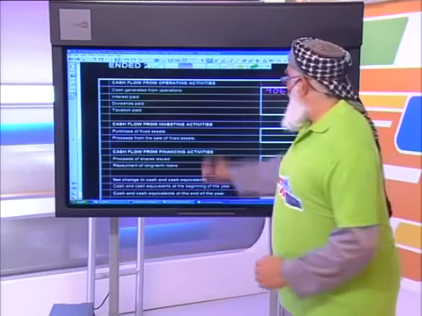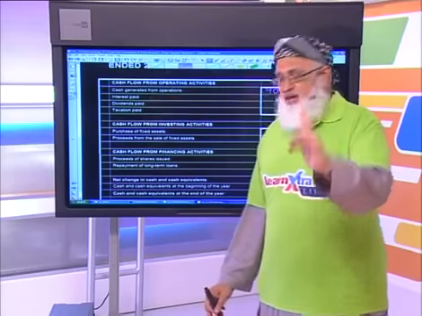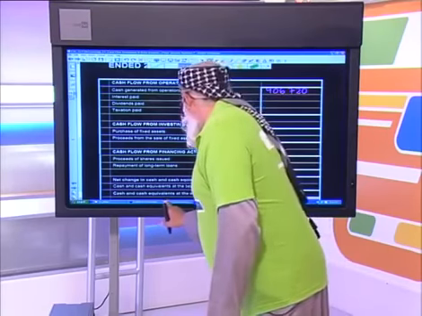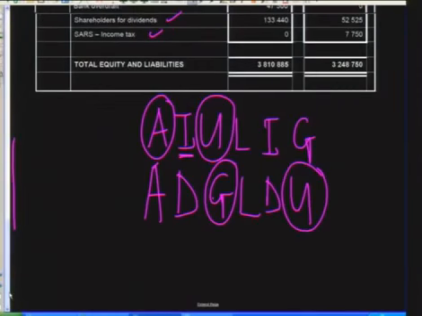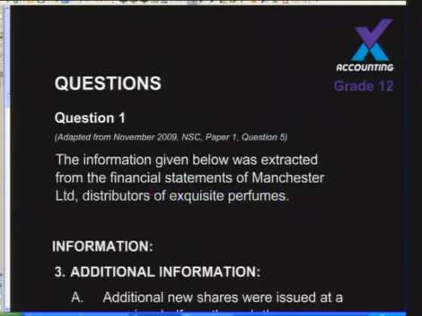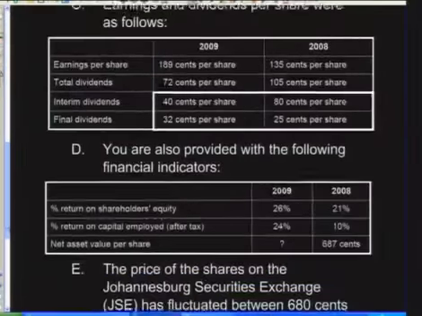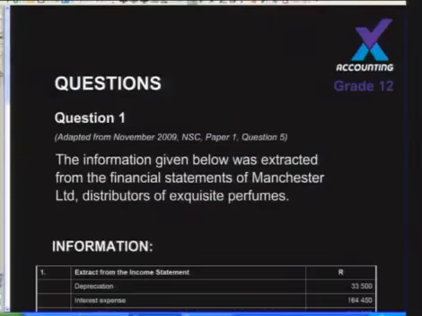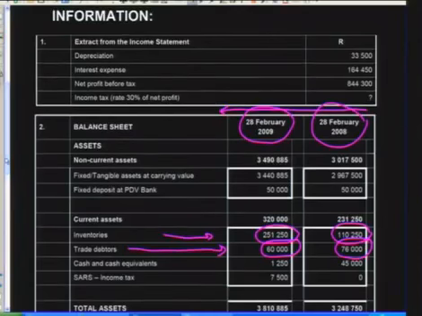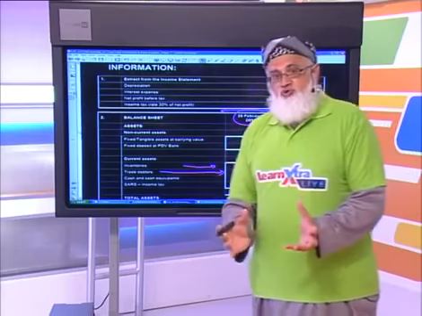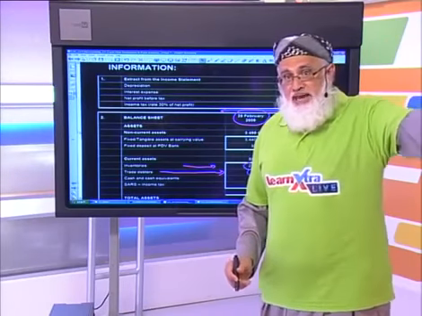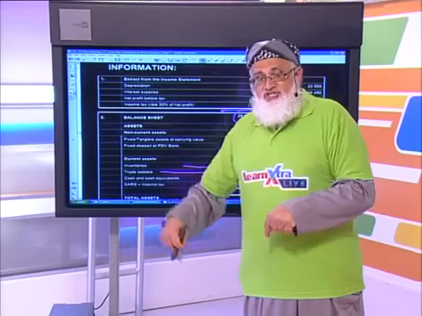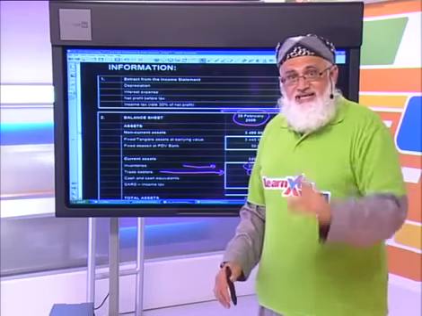What do we now need? We now need our interest paid. Immediately, what are we going to do? Go to our question and look at the information. Remember, when we're doing the cash flow statement, we are looking at last year's balance sheet, this year's balance sheet, and this year's income statement.